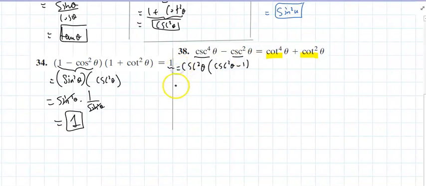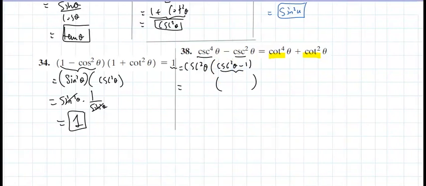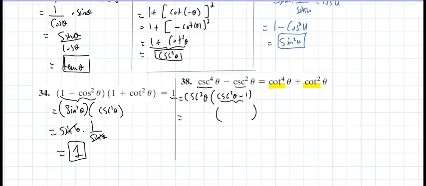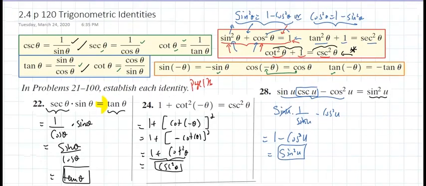Now when I do this, I say, okay, not a problem. This right here, I have to adjust the screen so I could run back and forth. This right here, cosecant squared of theta minus 1. There's cosecant squared of theta minus 1 is actually, all of these errors are making this a big mess.